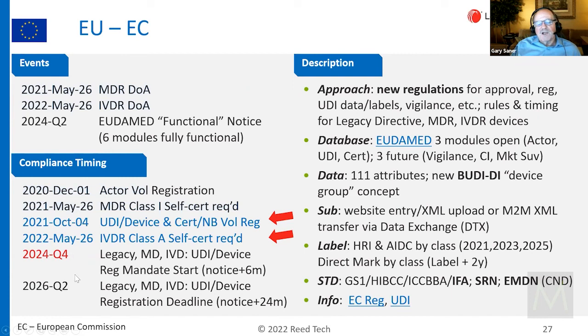Now, this looks like it's really far away. We have noticed that there's a lot of work that needs to be done. And we suggest you start firming up and collecting and cleansing data. And if you don't plan to submit for a year, it's good to put it in a structured database and apply the business rules and see how you're doing, so that you're ready to submit later on.